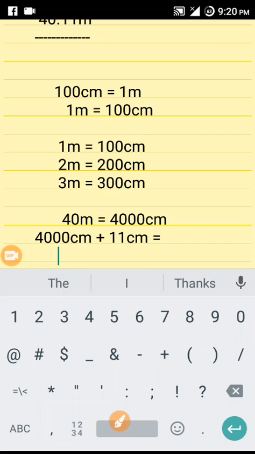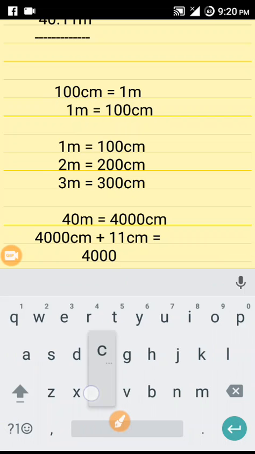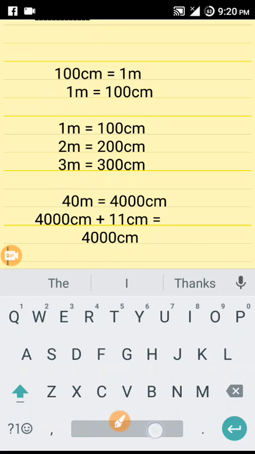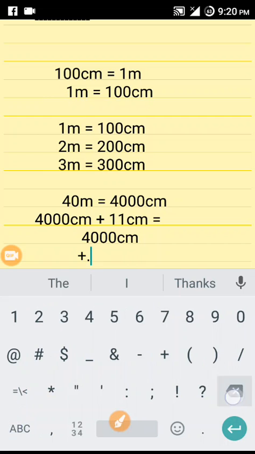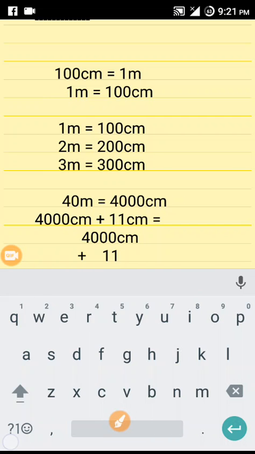From there, you get something like this: 4,000 centimeters plus 11 centimeters.